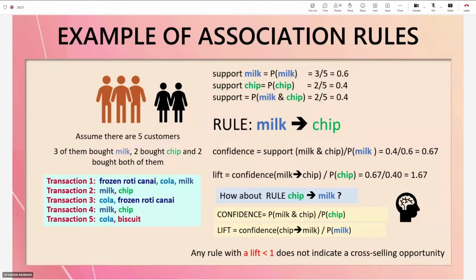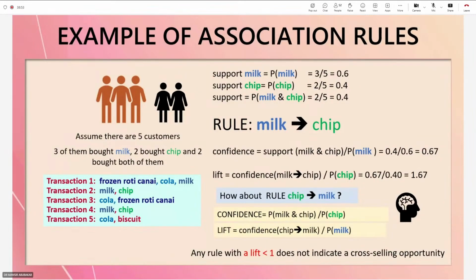Transaction 2: the second customer bought milk and cheese. Transaction 3: the third customer bought cola, frozen roti canai. Transaction 4: the customer bought milk and cheese. Transaction 5: the customer bought cola and biscuits.